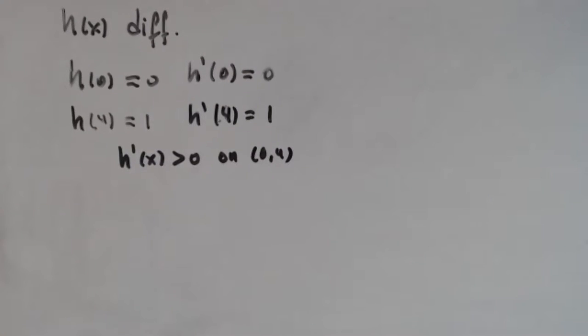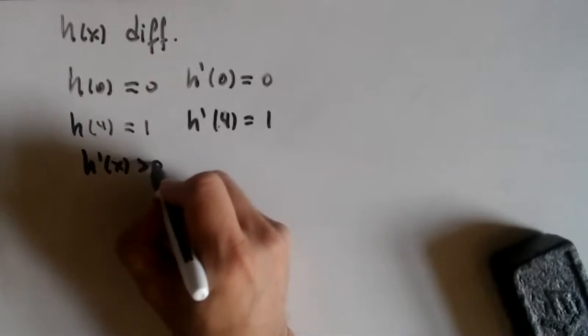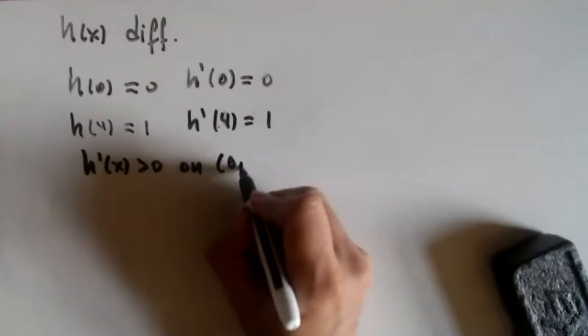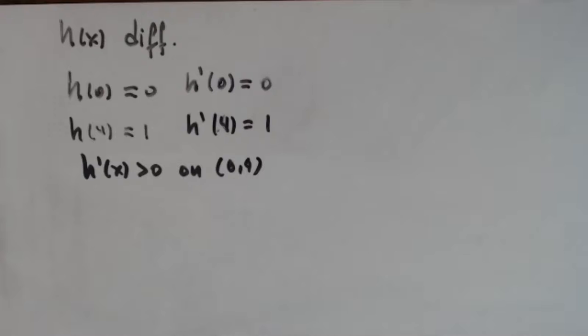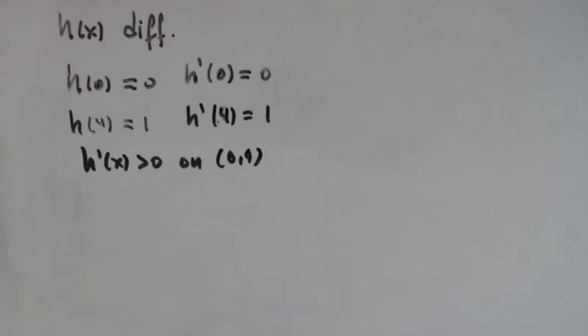So those are the hypotheses we have. Let me put this a little bit to the right. This is h prime of x positive on (0, 4). Okay, so this is the information we have.